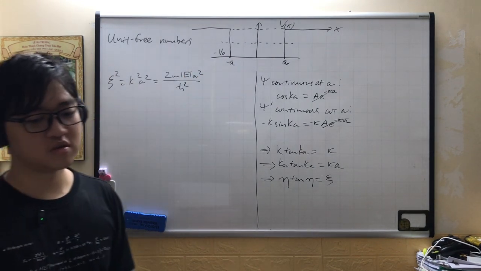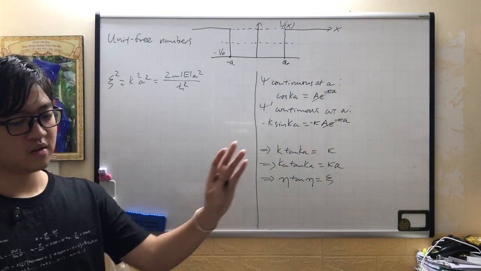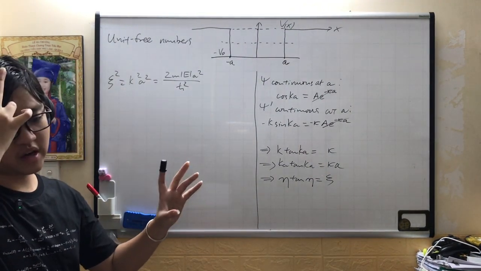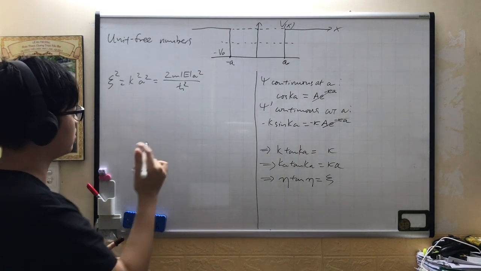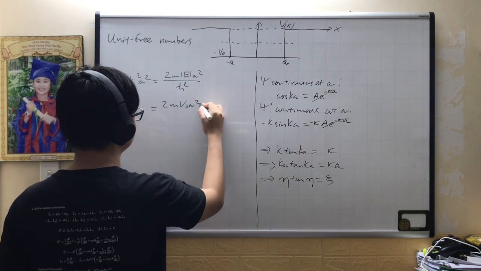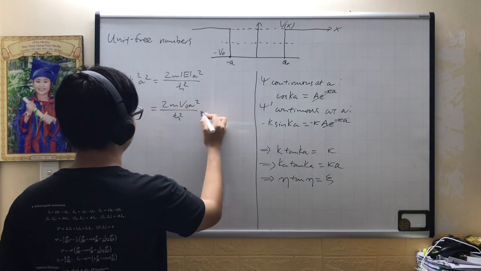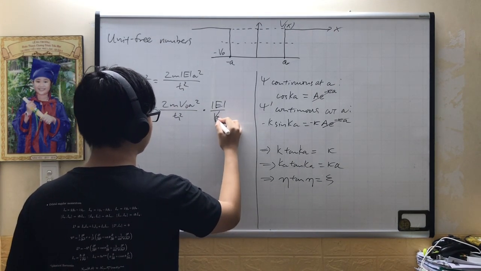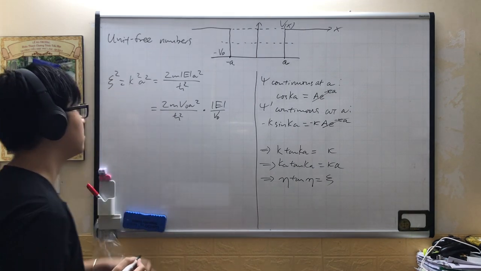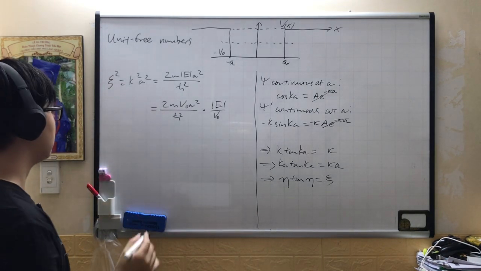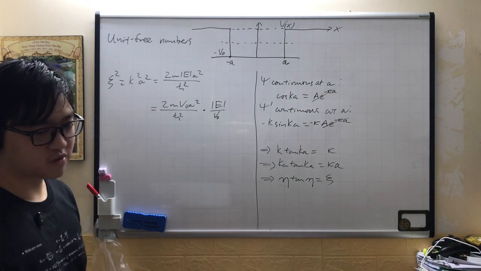Now you would want to isolate the energy, with as many unit-free numbers there as possible. And this, as you can recognize, is z0 squared.